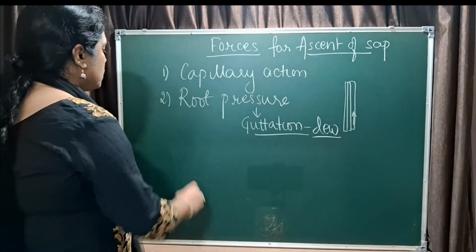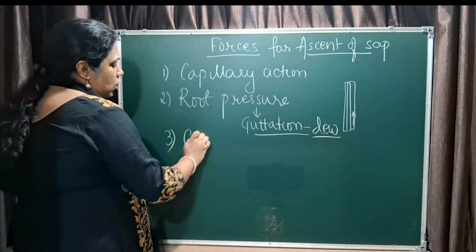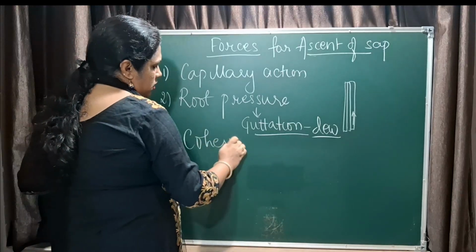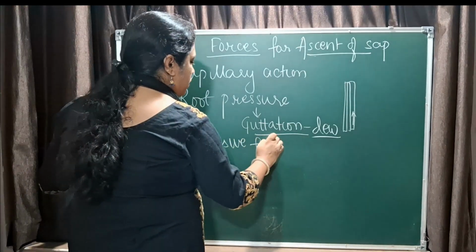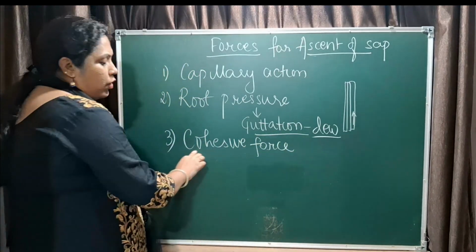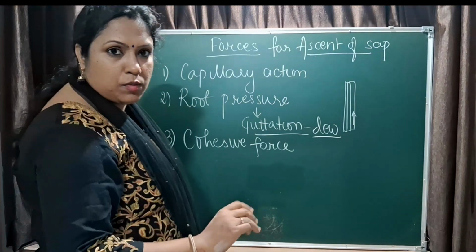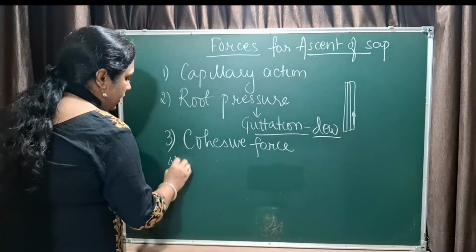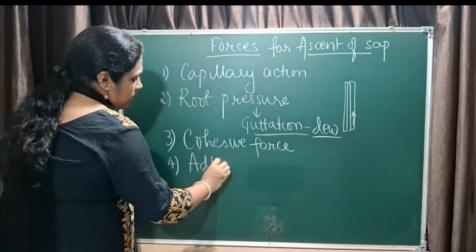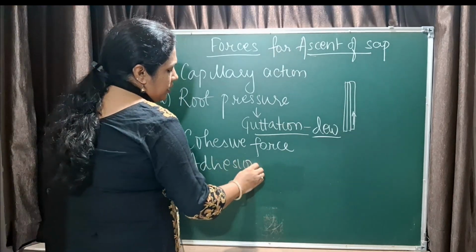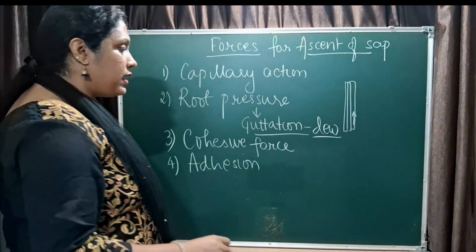Next one, you have the cohesive force of water molecules, that is, between the same water molecules. And then you have the adhesive force or adhesion. Adhesion is the attraction between the water molecule and the xylem vessel.